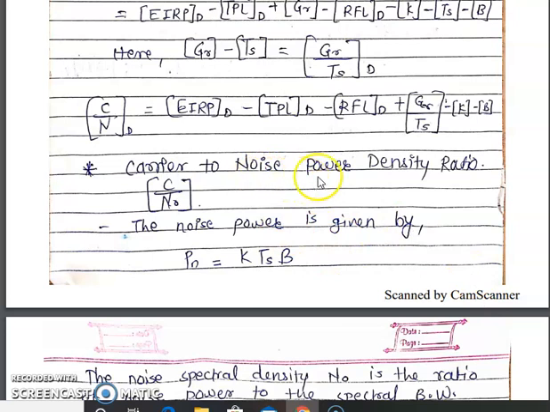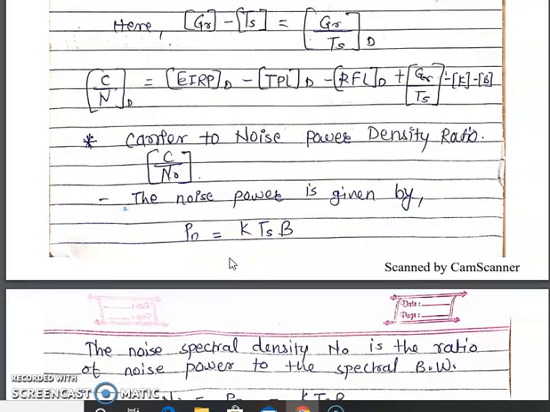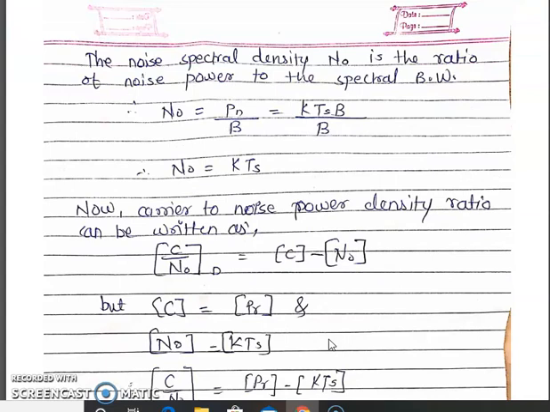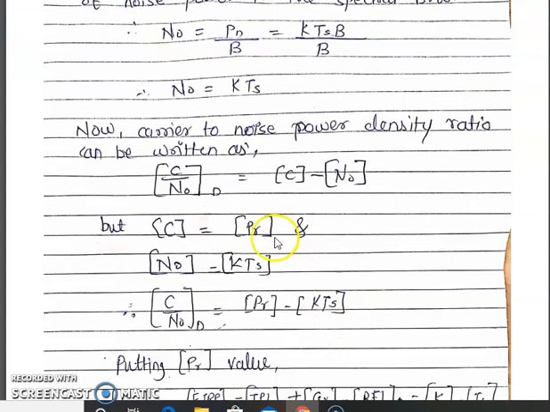Now again the carrier to noise power density ratio, and that is denoted by C by N0. So Pn is equal to KTB, again same equation. So N0 is the noise spectral density. N0 is the ratio of noise power to the bandwidth. So it is Pn by B. Again B and B cancelled. So your N0 is coming KT. So C by N0 is nothing but C minus N0, and C means carrier, and carrier is nothing but the received power PR.